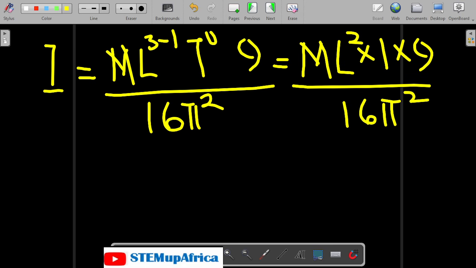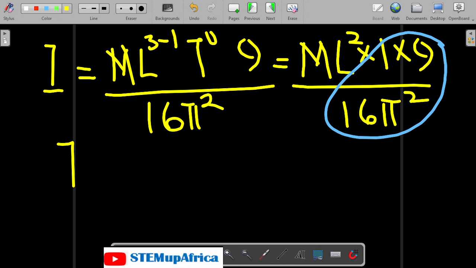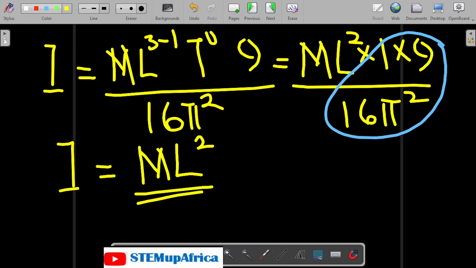T raised to the power 0 is 1 according to the law of indices. If you look at this, all this value here represents a constant. So the dimension is simply M L squared. That is the dimension of the moment of inertia.